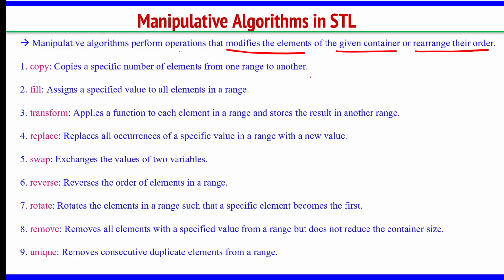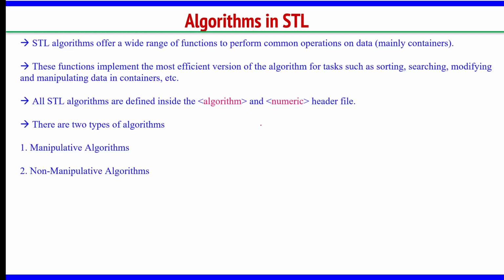Non-manipulative ones do not touch the original data, they copy it into some other variable and do some operation. The best example to understand is strupr and toupper. strupr does not modify the actual content, so it is a non-manipulative algorithm, right.